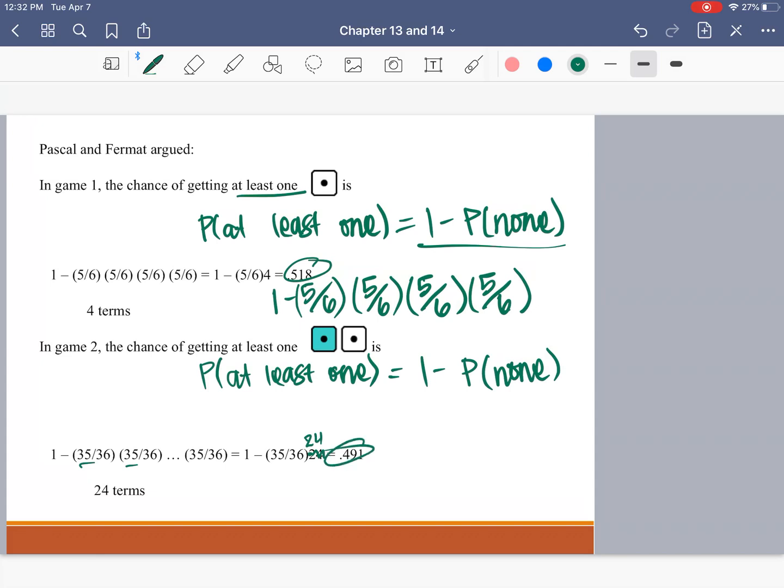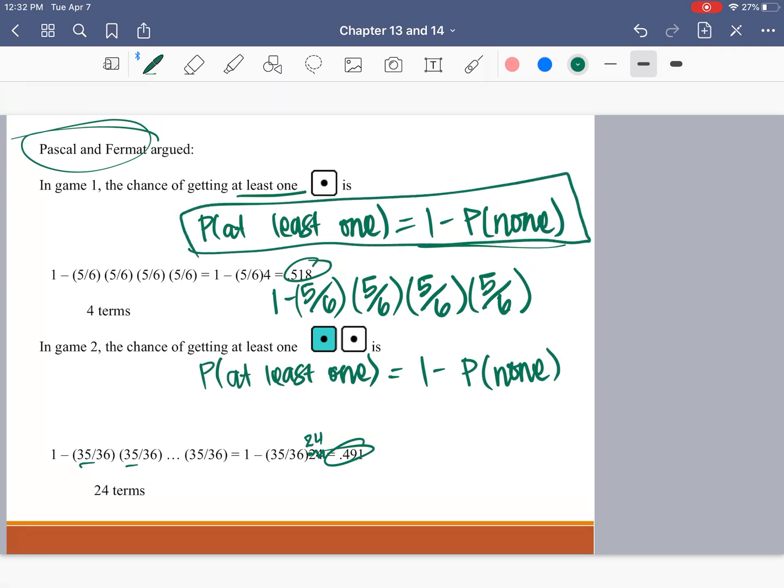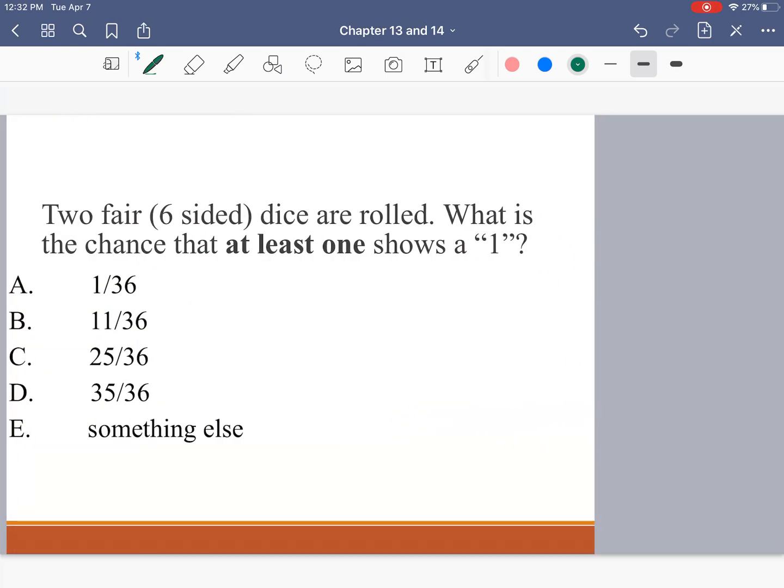This should be raised to the 24th power, so that's equal to just under 50%. So we've got that problem where Chevalier, or whatever his name is, forgot to count those duplicates. Pascal and Fermat said, oh look, it's easier to calculate if you do it this way, to count all those duplicates by just using our formula. The probability of at least one equals 1 minus the probability of none.